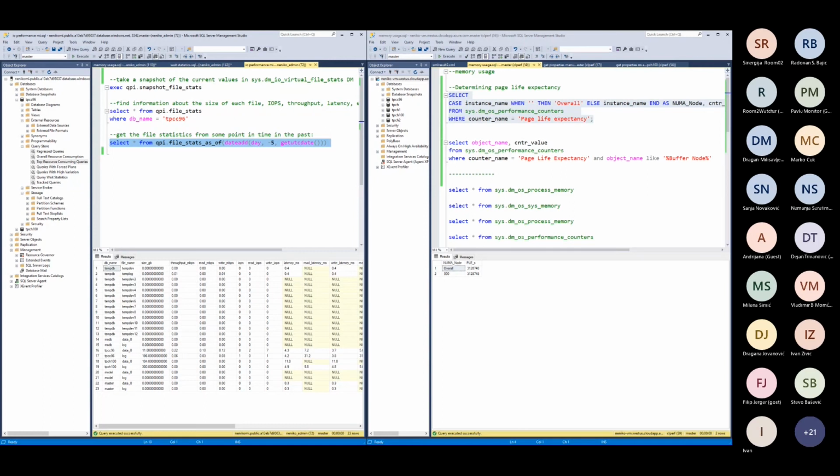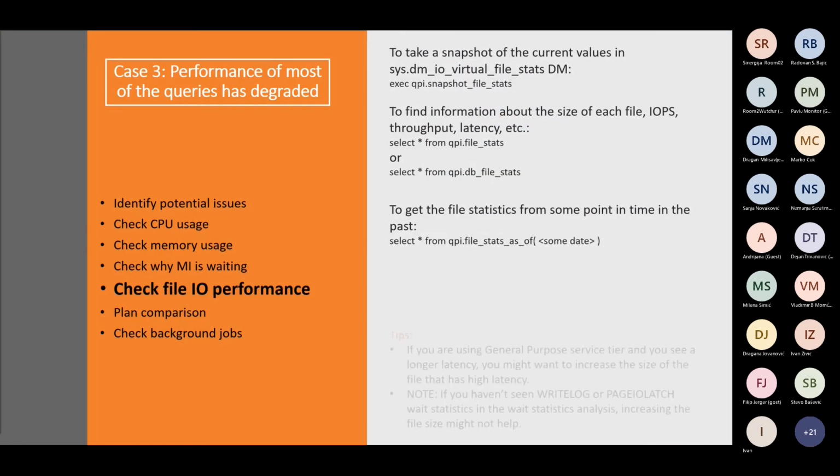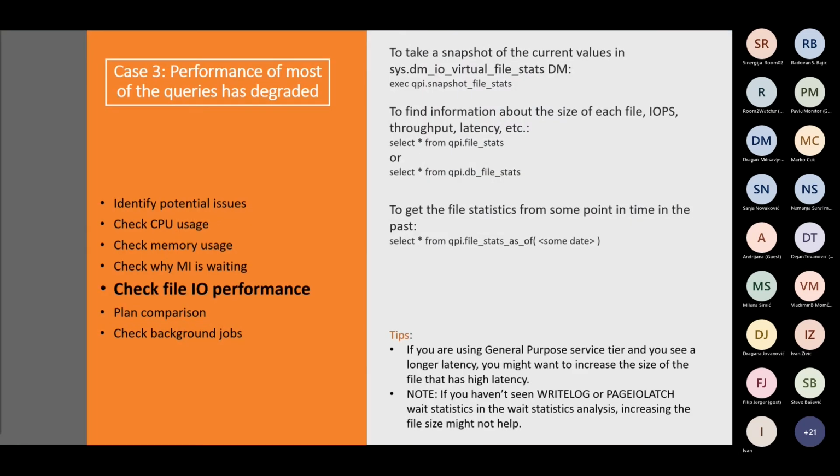But what you should note here is that if you're using the general purpose service tier and you see a longer latency, you might try to increase the size of the file that has high latency, because I/O throughput of the files in the general purpose tier depends on the file size. So with bigger files, you're getting more I/O resources and you can improve the performance of your workload.